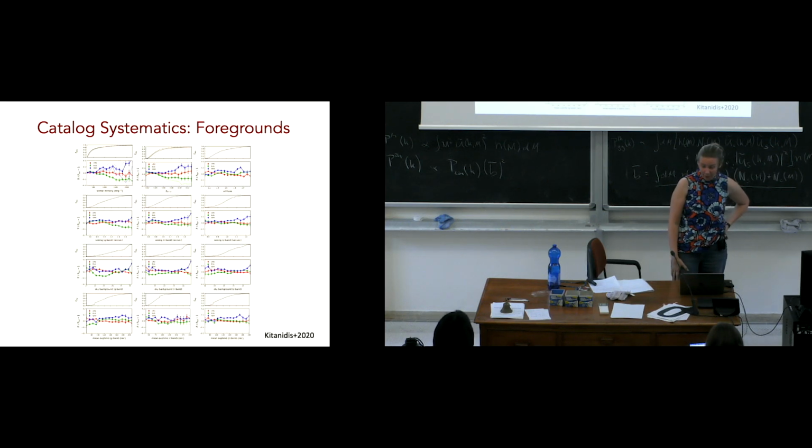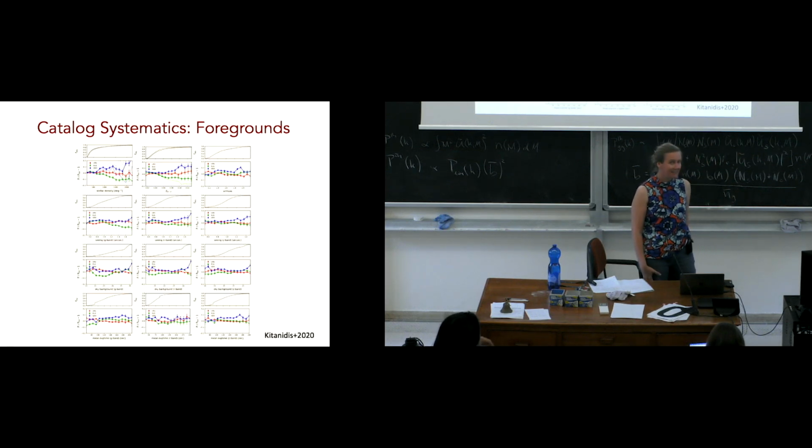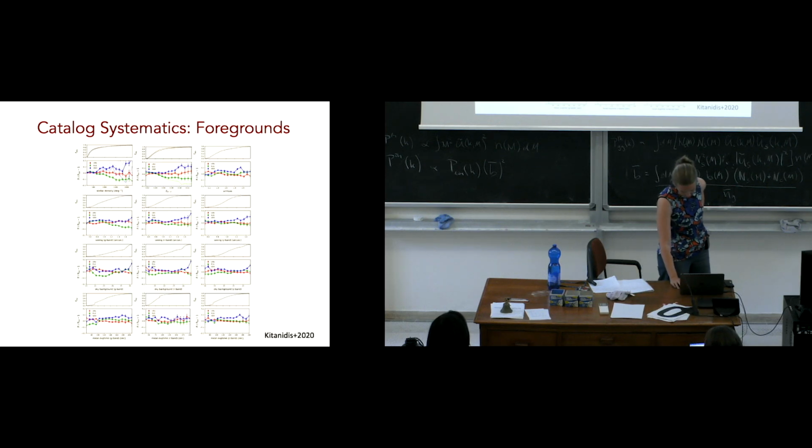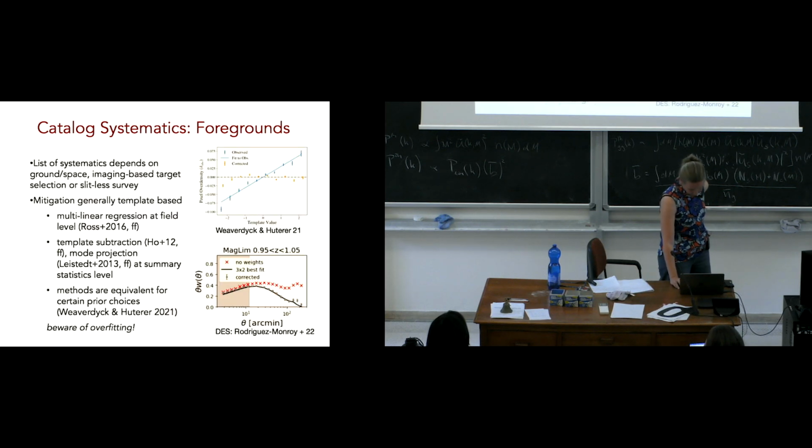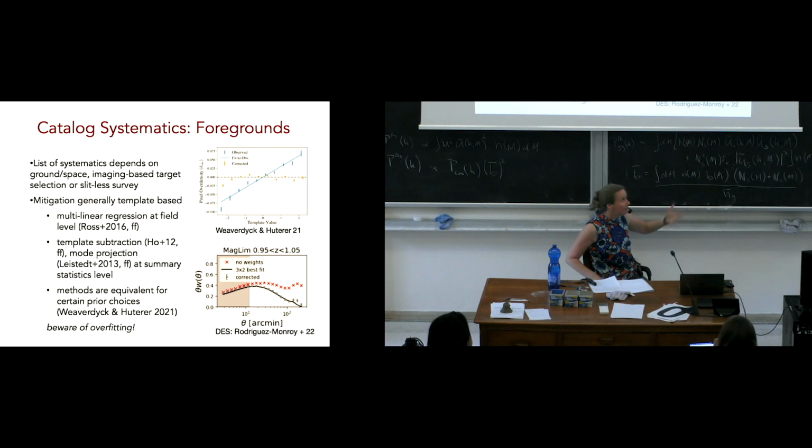So that's now quite a library of effects. Here we have 12 different candidates. Of course, in the history of various spectroscopic surveys, people have considered a bunch of other effects as well. The standard approach of dealing with them is to first, of course, think about what could plausibly modify the galaxy density in my given survey.